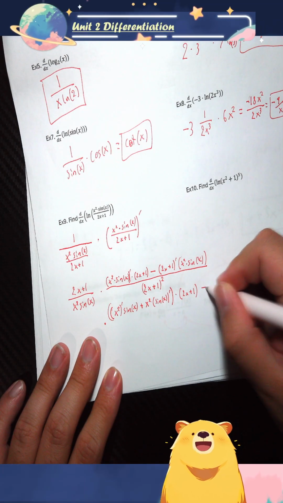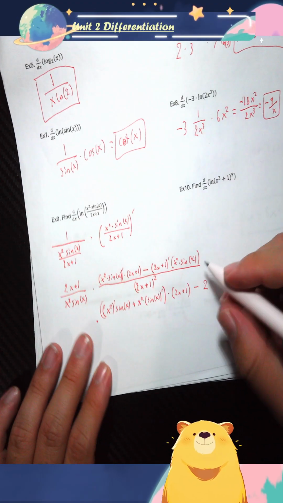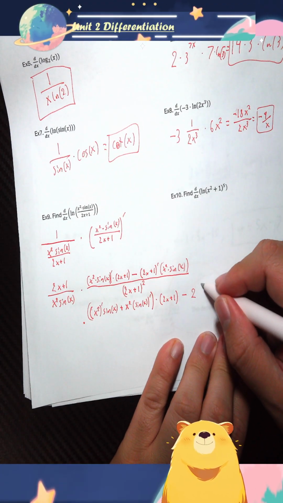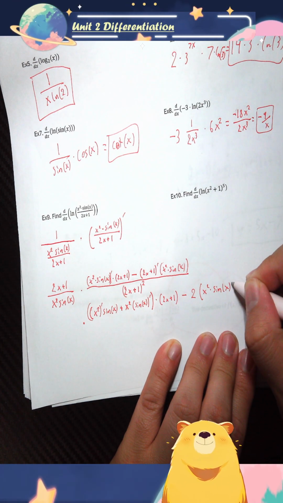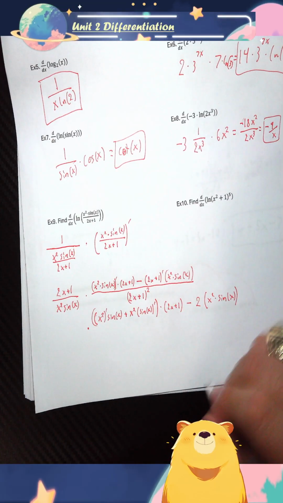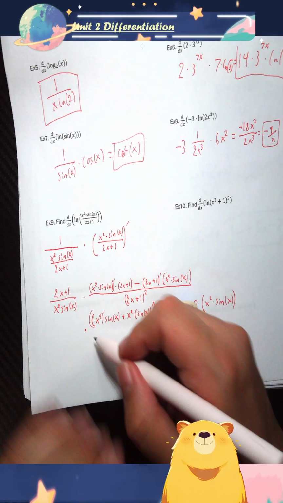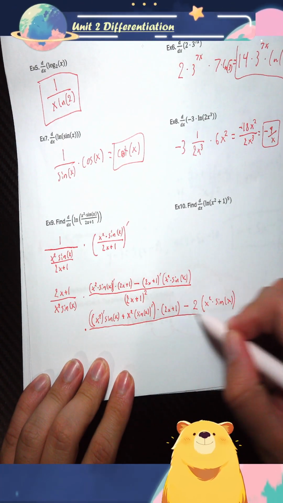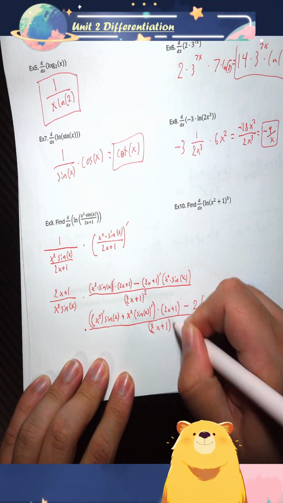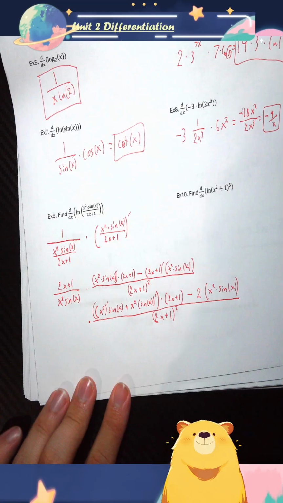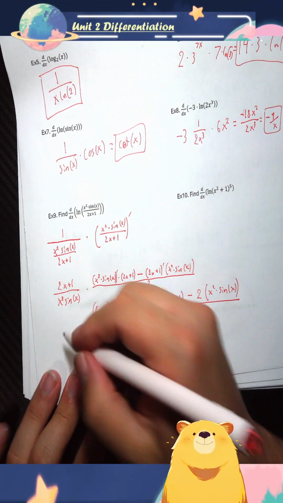And then minus, I'm just going to cut to the chase for that one. That's just going to be 2x squared times sine of x, all over 2x plus 1 squared.